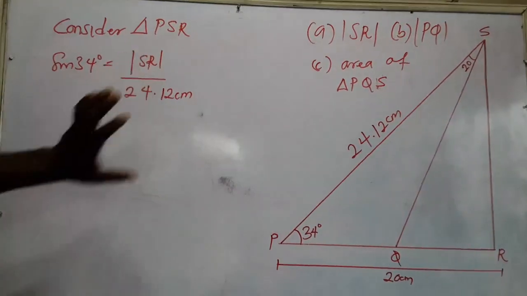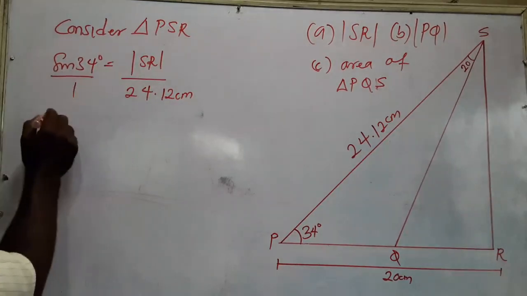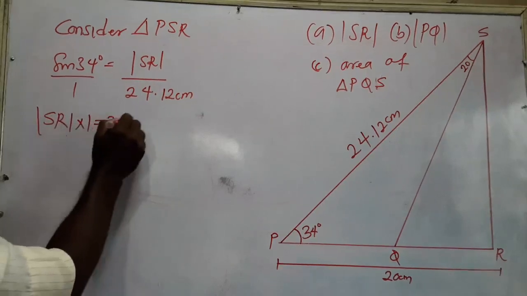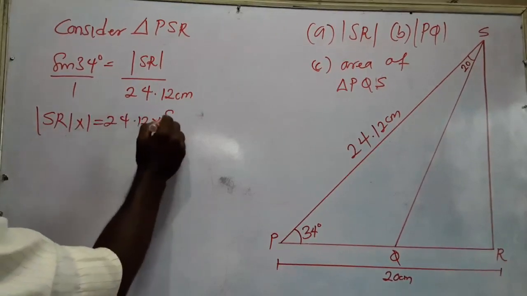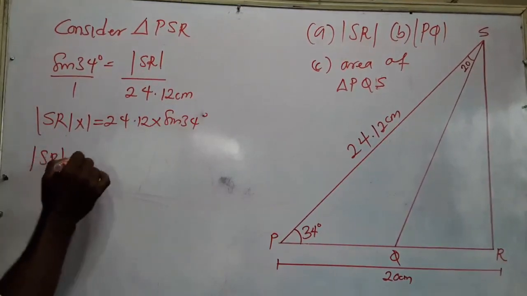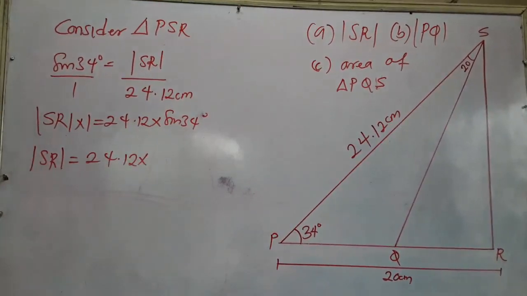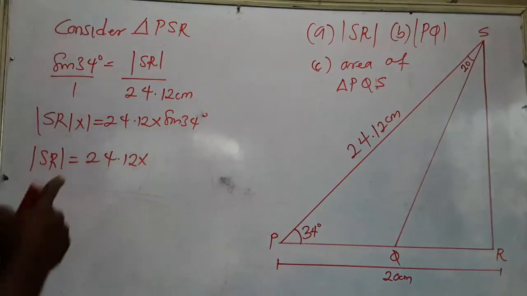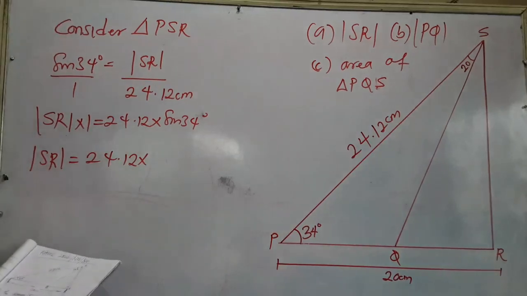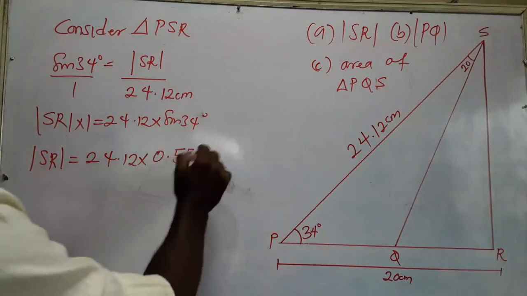So we now cross multiply to have XR times 1 is equal to 24.12 times sine 34 degrees. So our XR will give us 24.12 times, and when I press sine 34 in the calculator, it gives us 0.5592.